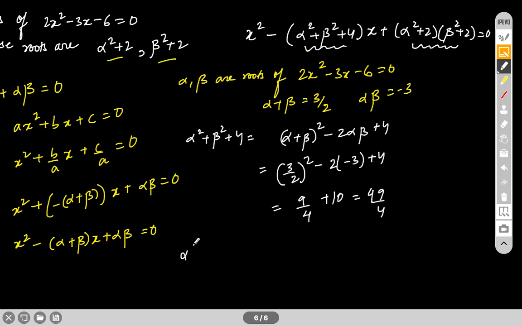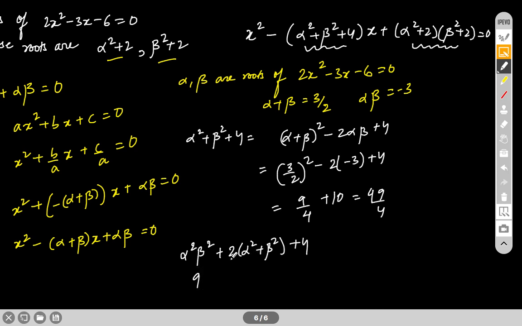And let's find out the product. If I open the bracket, it becomes alpha square beta square plus twice of alpha square plus beta square plus 4. This term is actually minus 3 square, which is 9.